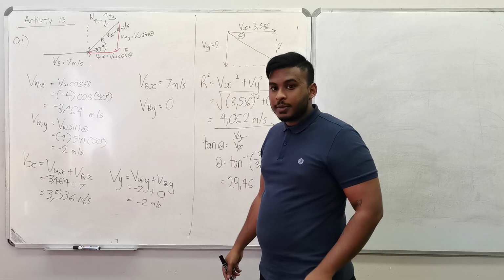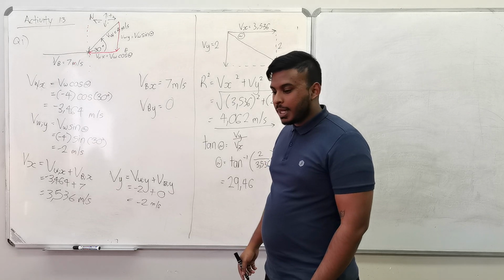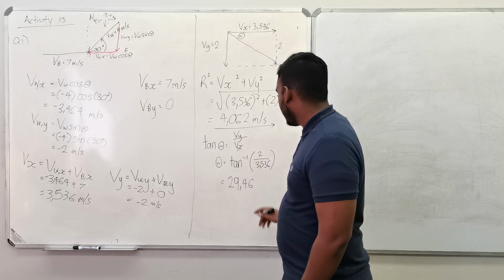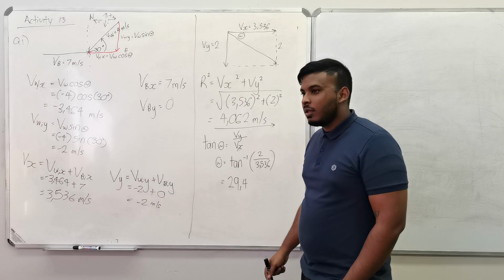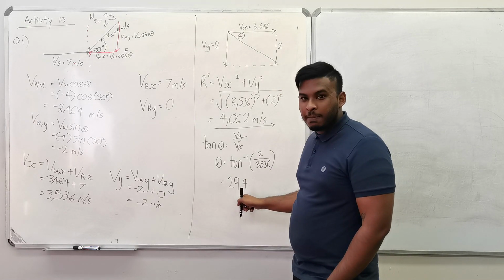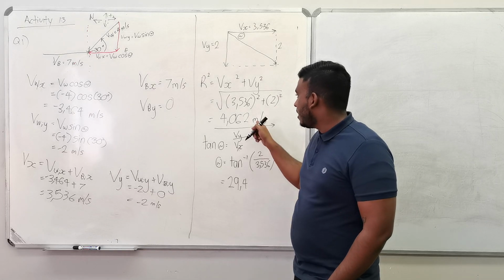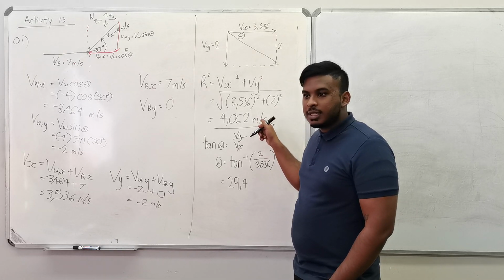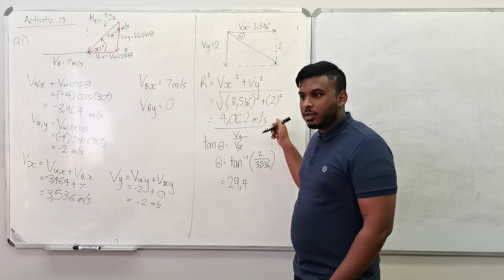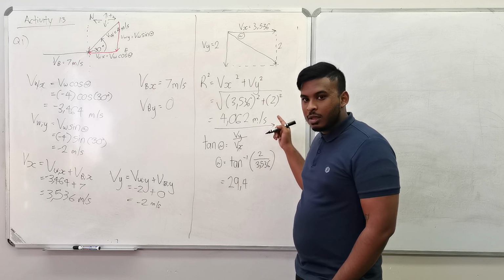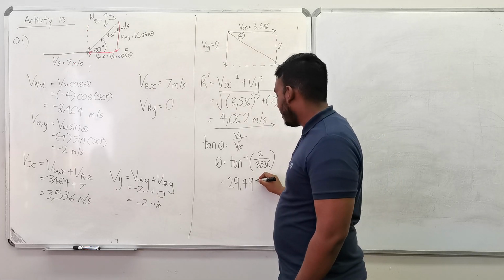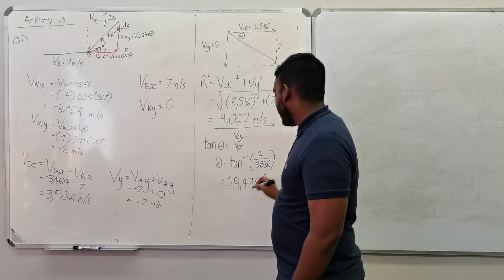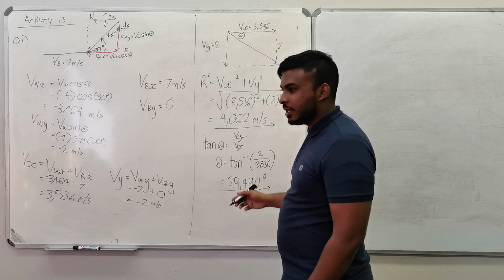Yeah, 4.062 squared. Okay. I must have done something wrong the first time. So what should be your answer when you're writing it down?